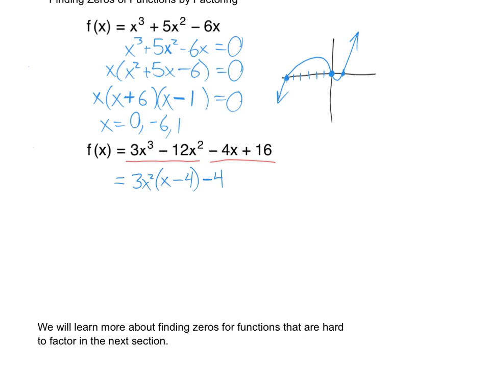So since that's a minus 4x, I'm going to take out the minus 4, and that's going to give me an x minus 4 in the parentheses, okay? If I had just taken out a positive 4, notice I would have gotten a minus x plus 4, and our two parentheses wouldn't match then, okay? The key on this is to get two sets of parentheses that match.